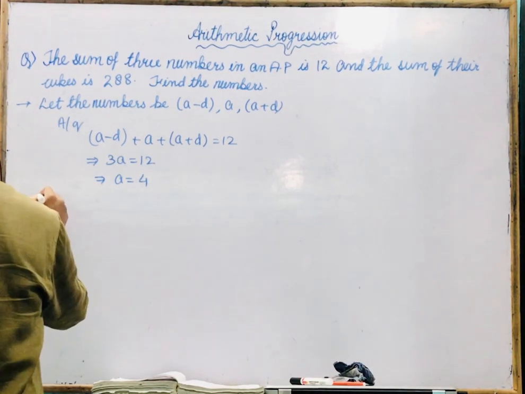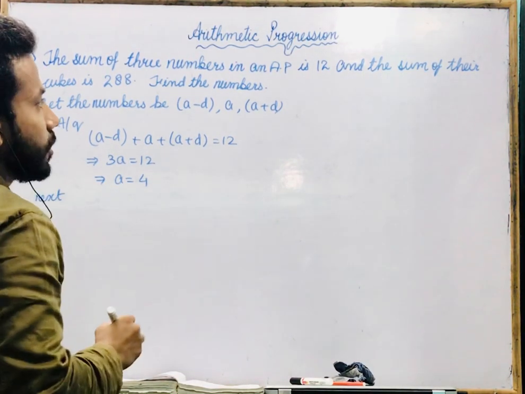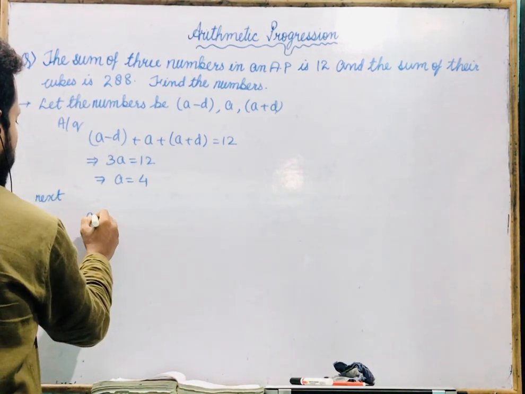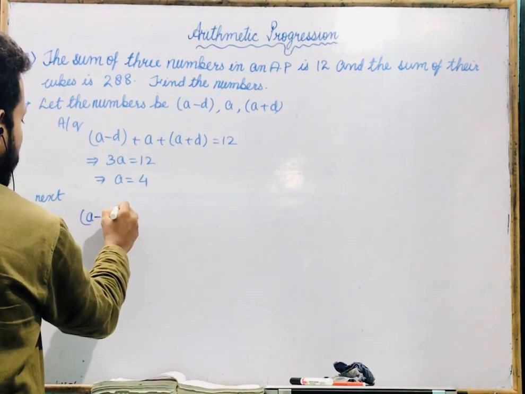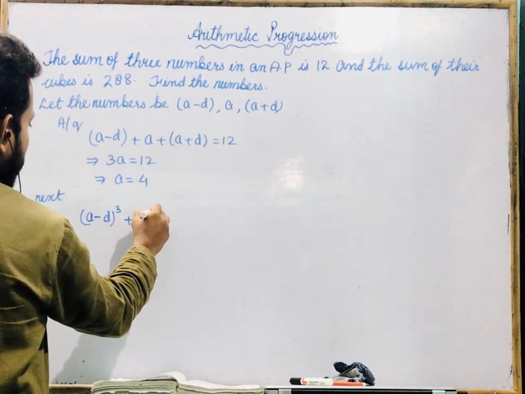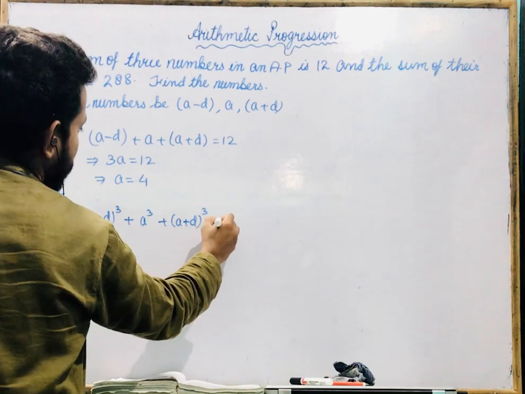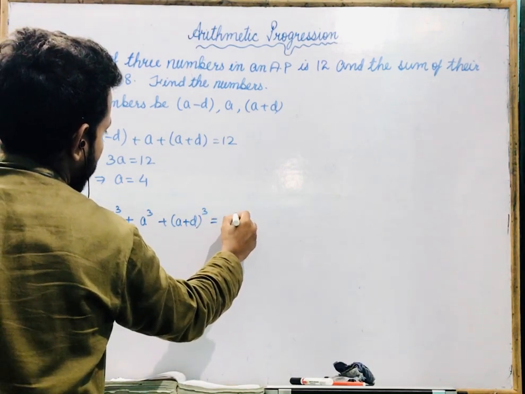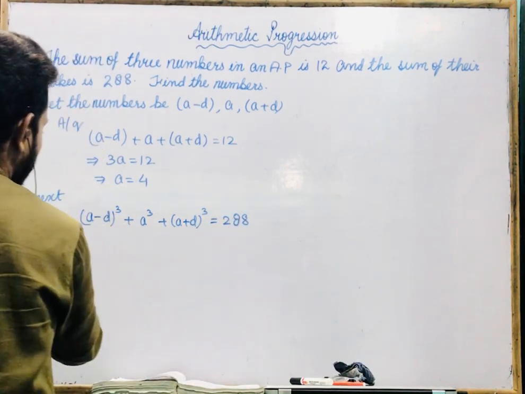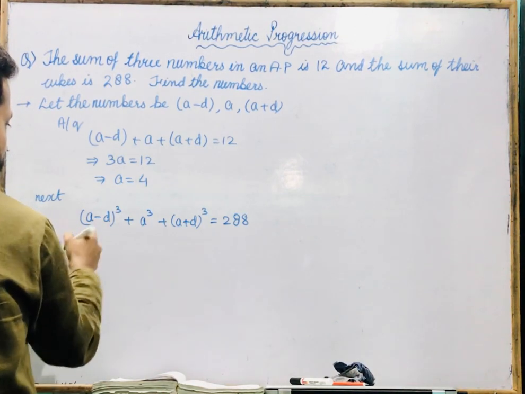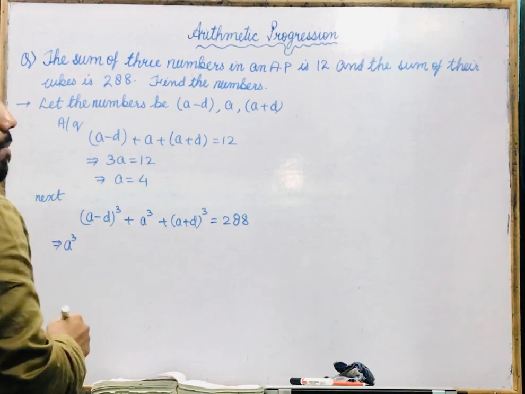What is the next equation? The sum of their cubes is 288, means a minus d whole cube plus a cube plus a plus d whole cube is 288. Now what is a minus d whole cube? What is a minus b whole cube?